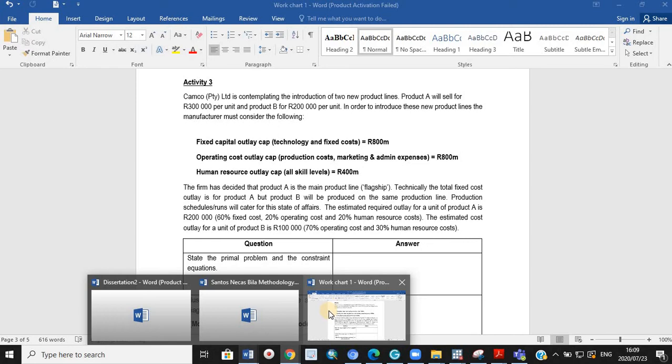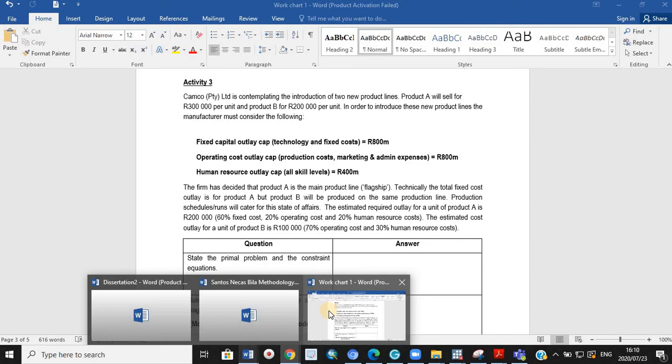The estimated required outlay for a unit of product A, in other words, the estimated required outlay of each product A produced, is 200,000, where 60% of the same 200,000 goes to fixed cost.